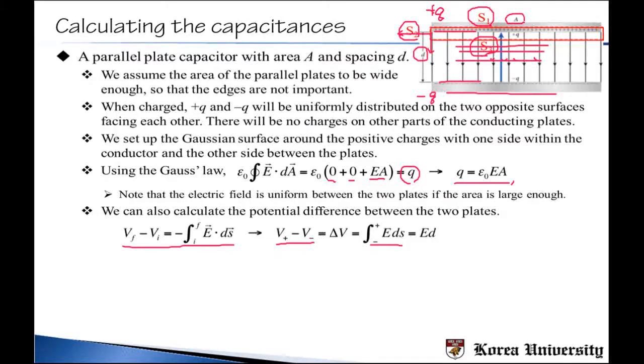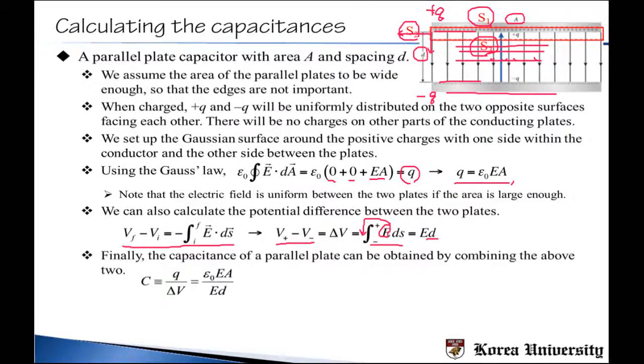Okay, and then we just said that E is uniform, so therefore E actually comes out of the integral. So therefore, if you integrate ds from negative plate to the positive plate, then there is simply the distance between these two plates, okay, which is d. And then let's finally put these two equations into the definition of the capacitor we know.